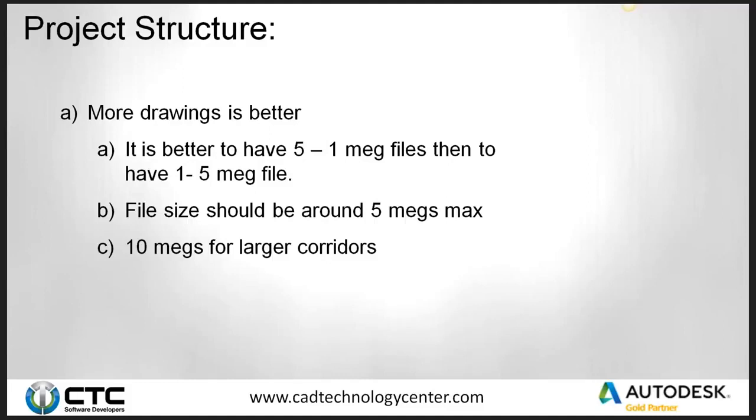Now let's talk about what you can do for performance within Civil itself. Civil works best when you have small files, so more drawings, the better. Autodesk recommends that you have one drawing for each feature that you're doing. They actually recommend it's better to have five 1 meg files than one 5 meg file.